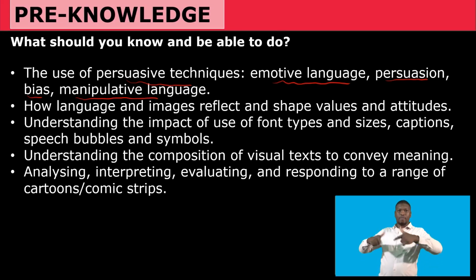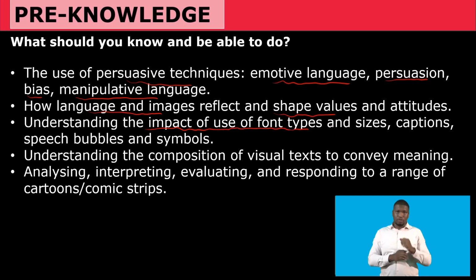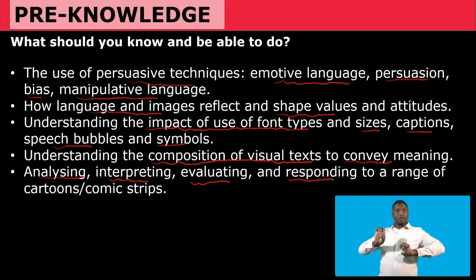You must also know how language and images reflect and shape values and attitudes. Understanding the impact of the use of font types and sizes, captions, speech bubbles, and symbols. Understanding the composition of visual elements to convey meaning, and then analyzing, interpreting, evaluating, and responding to a wide range of cartoons.